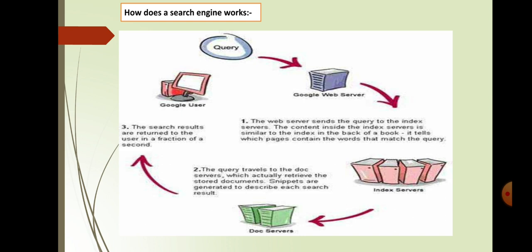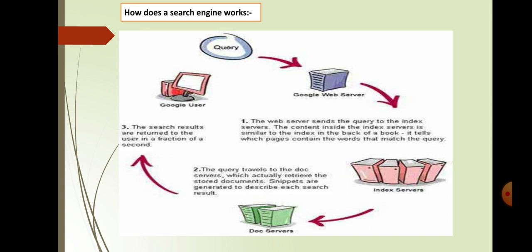As an example, suppose you have a book and you want to open a particular chapter. What do we do? First we prefer to see the index page. From the index page, once we find the page number, we directly jump to that chapter's page number. In this way our search becomes a little bit easier.